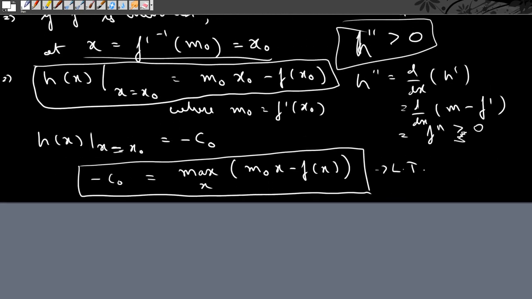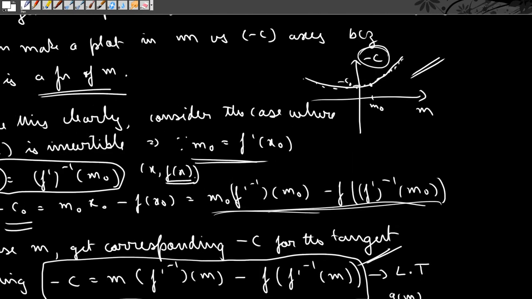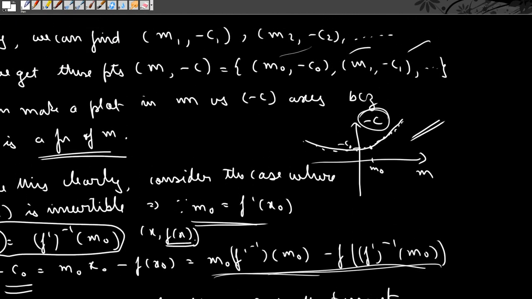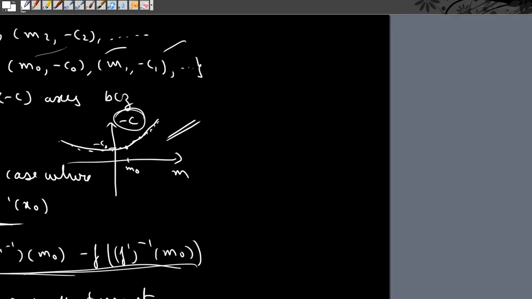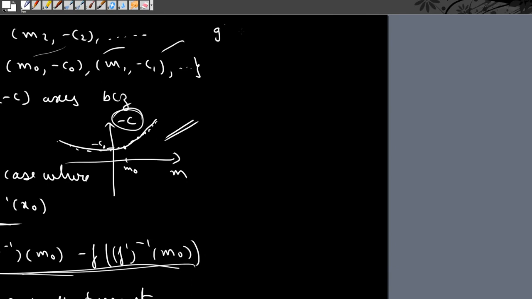All right, so what are we getting here? Our function g of m, which is equal to minus c, is got by the following transformation, where we find the value of this expression at the point where it takes the maximum value.